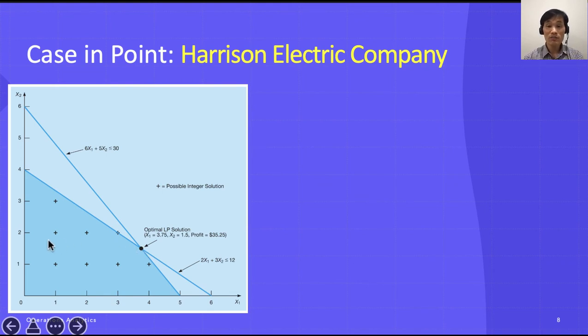Recognizing that the company could not produce and sell a fraction of a product, the manager decided that he was dealing with an integer programming problem.